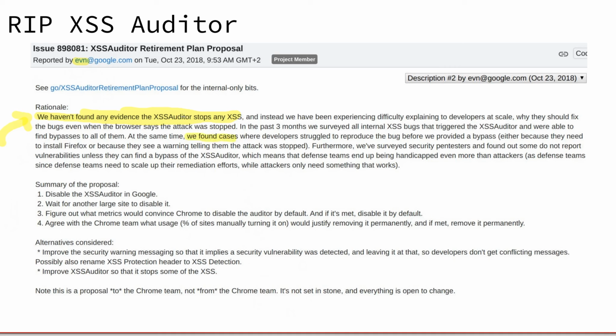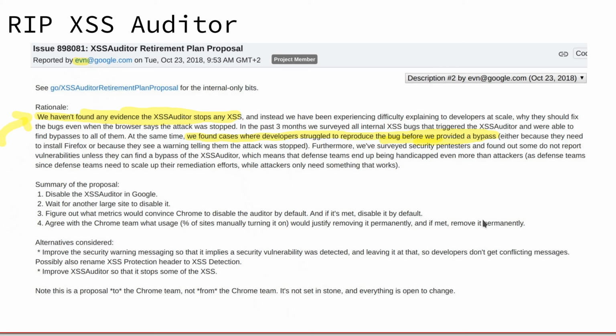So what he says here is, we found cases where developers struggled to reproduce the bug before we provided the bypass. So essentially, web developers said, okay, cross-site scripting is a problem we no longer have to worry about because the browser deals with it.